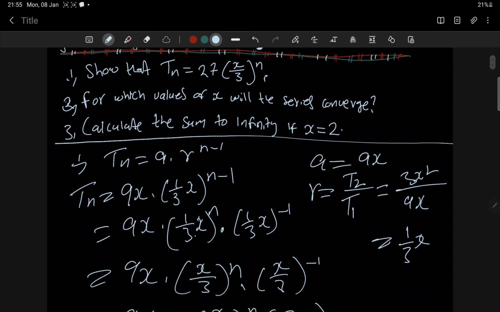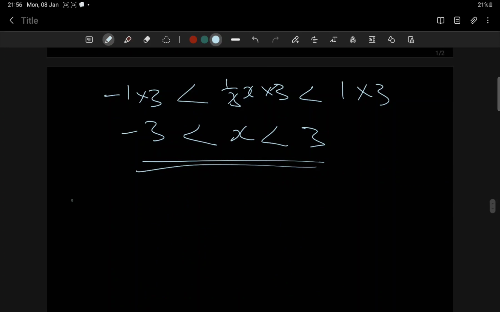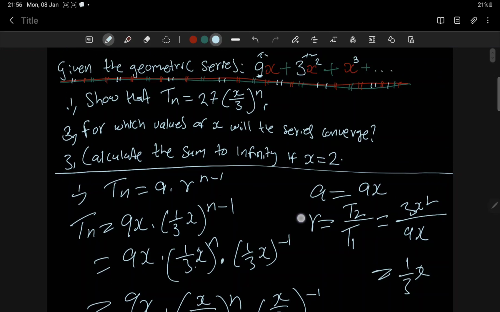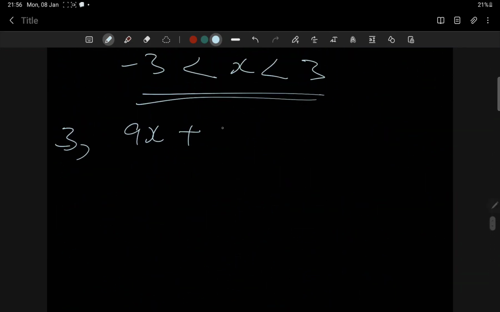Next, calculate the sum to infinity if x equals 2. If x equals 2, the series was 9x plus 3x squared plus x cubed, and so on.